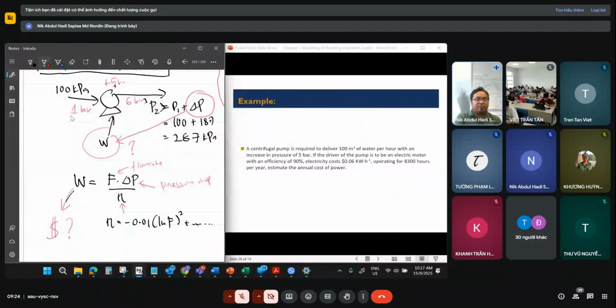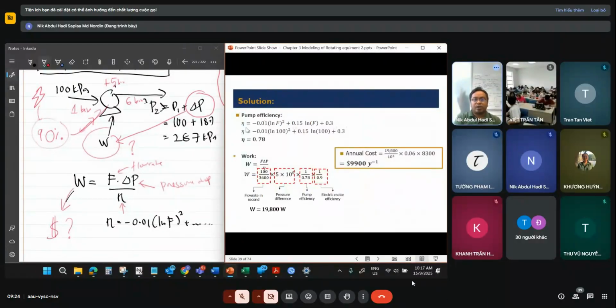The efficiency of this electric motor is 90%. So from electricity, before it can convert into work, the efficiency is 90%. Calculate the work required for this and estimate the annual cost of power.